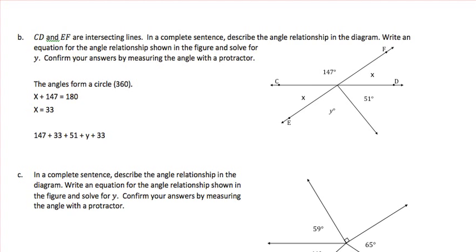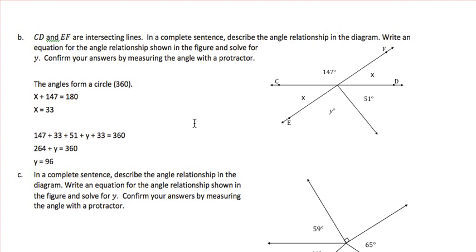The 33s come from the fact that we solved for x. So we know this is 33 and this is 33, and altogether they equal 360 degrees. We'll combine our like terms, adding all of our numbers together, which gives us 264 plus y equals 360 degrees. And then finally y equals 96 degrees.